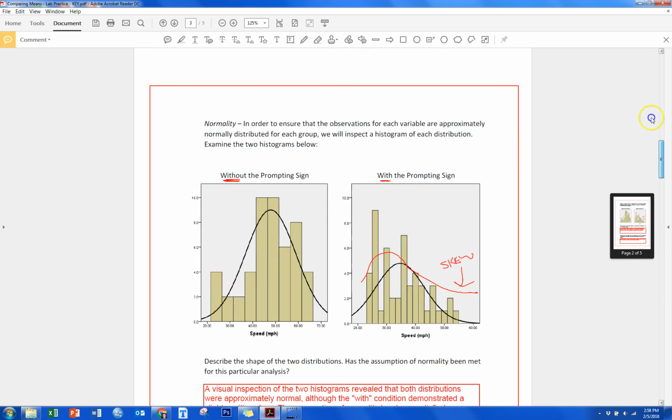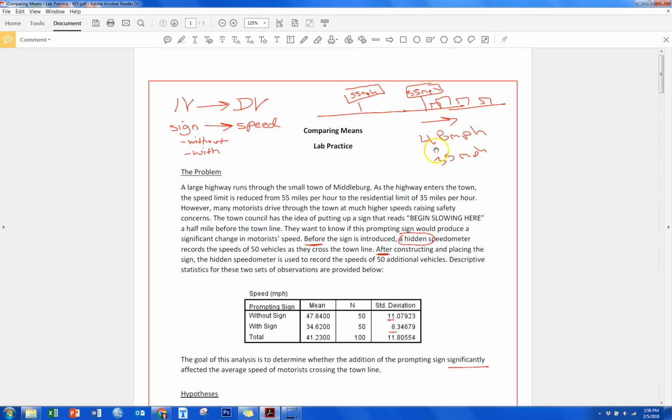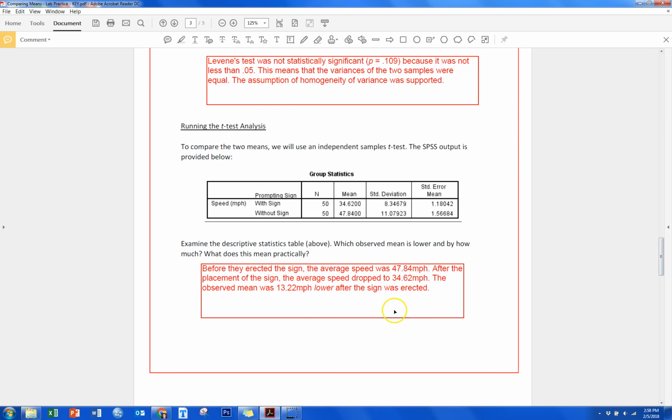Well, what else? 35 is where they're supposed to be. So they went from well over to just under the speed limit. So practically speaking, the average driver is now going the speed limit through the town rather than going way over the speed limit. So we want to make a note of that.